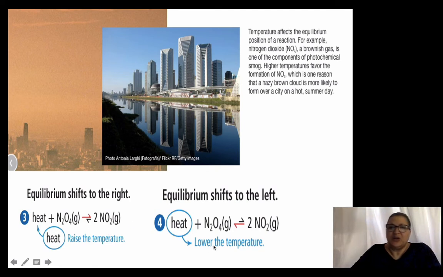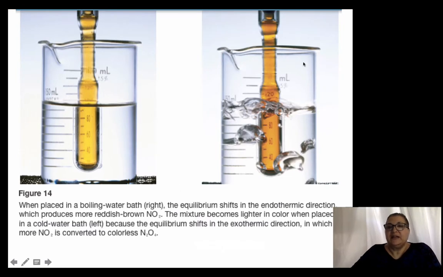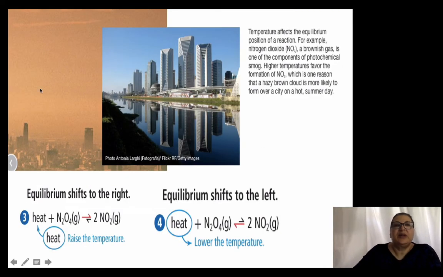On a cold day it's going to be much clearer because it shifts more to the N2O4 instead of NO2. Now in the lab, in a beaker, when you heat up a tube that has NO2 and N2O4 in it in boiling water, it favors NO2, which is a little bit brownish, and that explains that picture over here. Brownish, hazy a little bit.